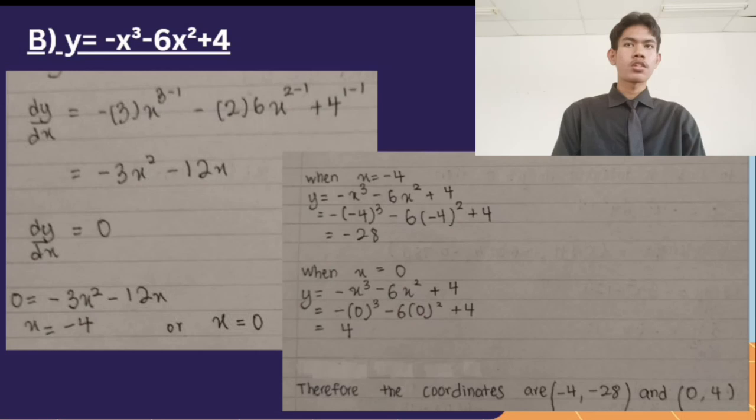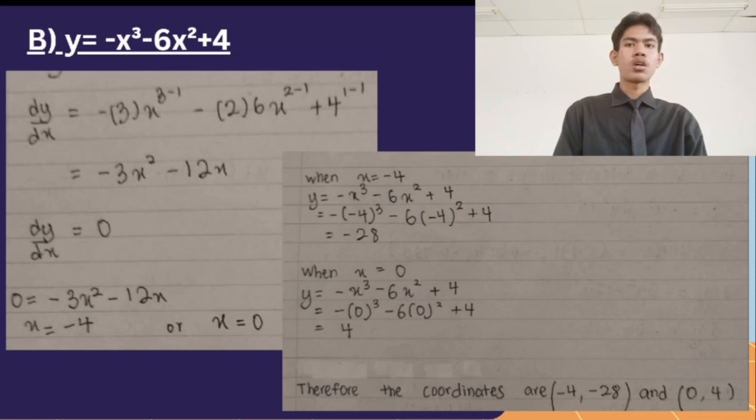Question 2 is y equals negative s to the power of 3 minus 6s to the power of 2 plus 4. First of all, we must differentiate the equation, and the answer becomes negative 3s to the power of 2 minus 12s, and then dy/ds equals 0.